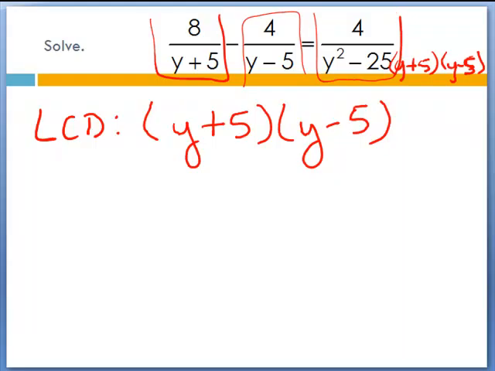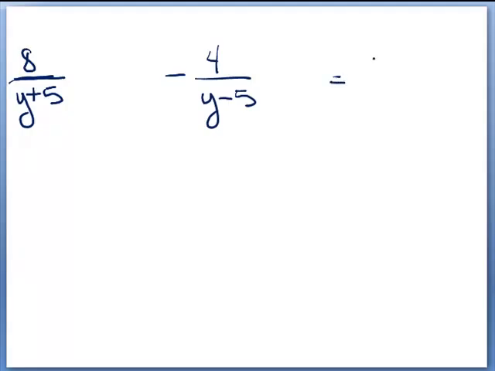So let's leave some space between each term because we're going to write the LCD there. Leave some space. And where we have the third fraction on the right side of the equation, instead of writing y squared minus 25, let's write out the factored form.